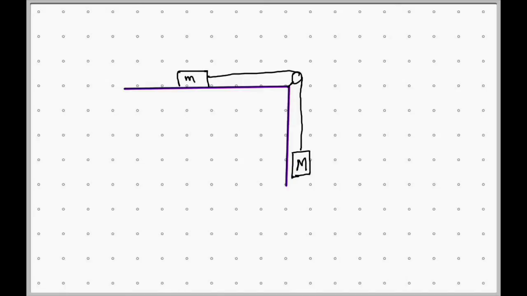When you draw the free body diagrams, nothing changes about the bigger mass: mg acting down and tension acting up. And since it's moving down, mg minus Ft is equal to its mass times acceleration.